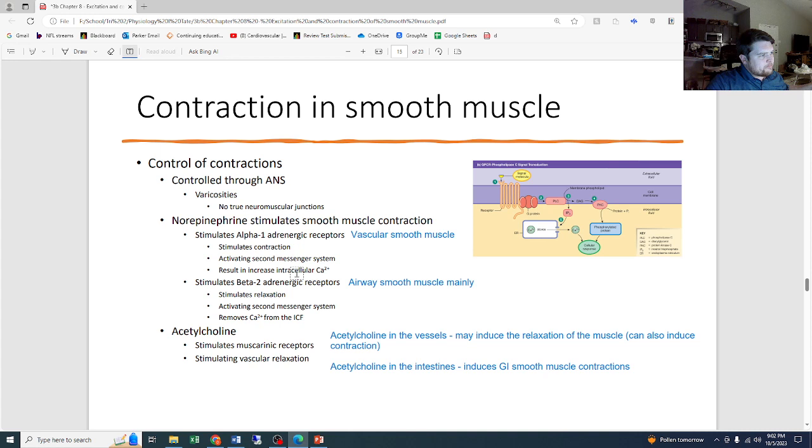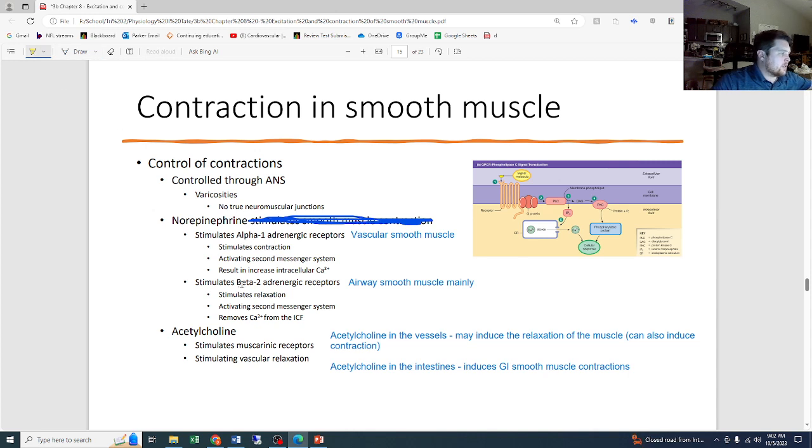So, talking about norepinephrine. Norepinephrine, and I'm actually going to even just draw a line straight through here, because it depends on where it's binding. Norepinephrine, we have these different receptors in different parts of the body.